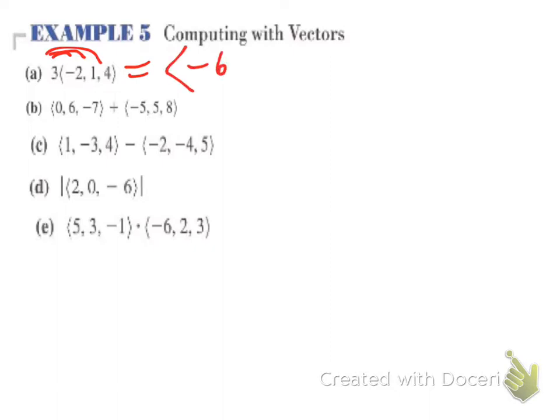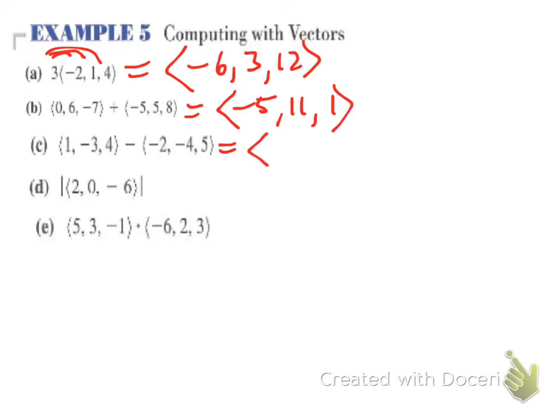So you have -6, 3, 12. Here you're adding them, so you just add the components: -5, 6 plus 5 is 11, -7 plus 8 is 1. Now we're subtracting them, so 1 minus -2 is 3, -3 minus -4 is 1, and 4 minus 5 is -1.